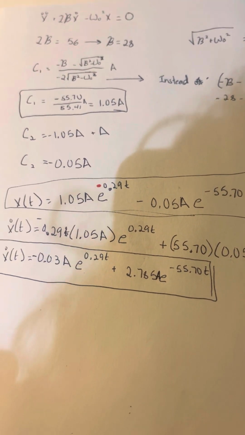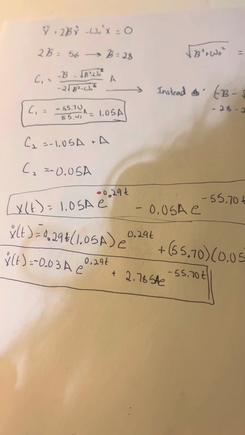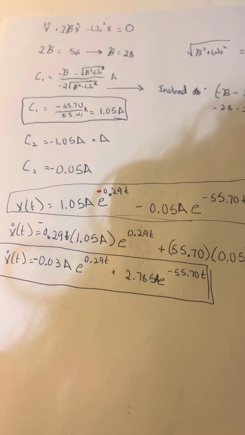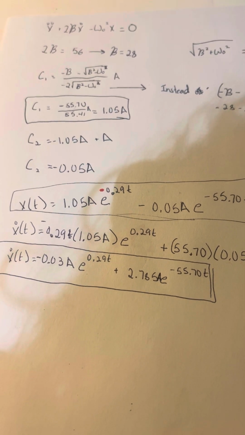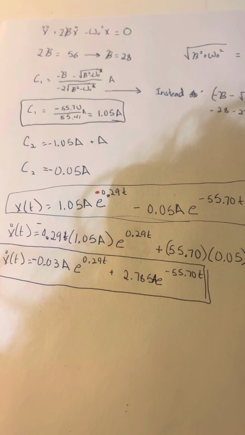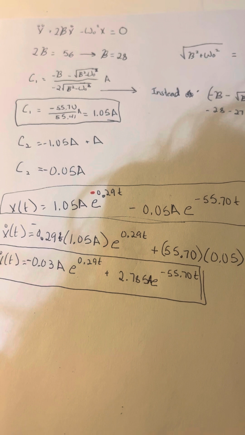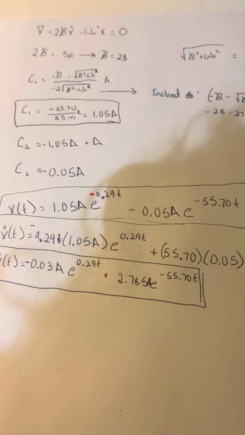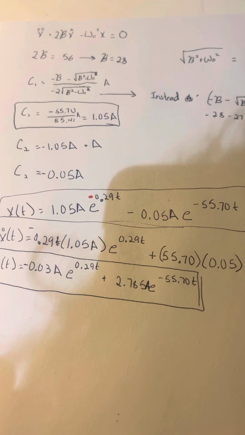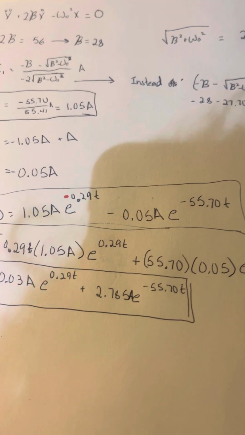For x dot of t, I did the same thing and got that x dot of t is equal to negative 0.03a e to the negative 0.29t, plus 2.785a e to the negative 55.7t.